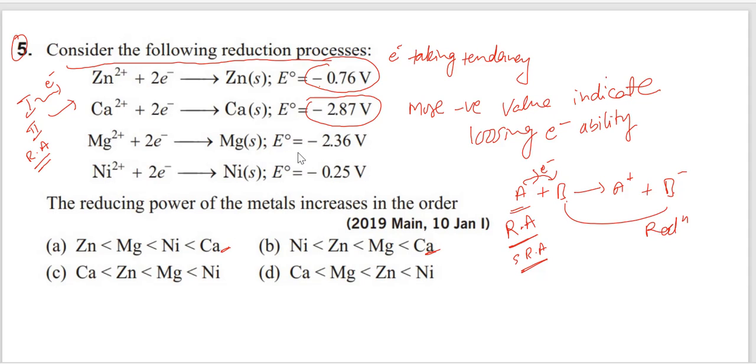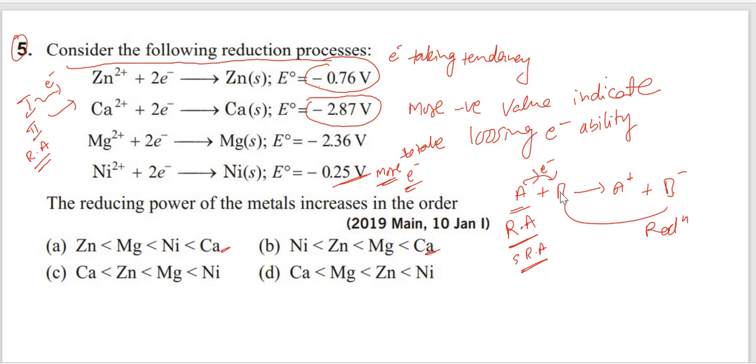Now electron taking tendency किसका ज़्यादा है? See 0.7. See nickel has more tendency to take the electron. So reducing character के लिए क्या चाहिए?